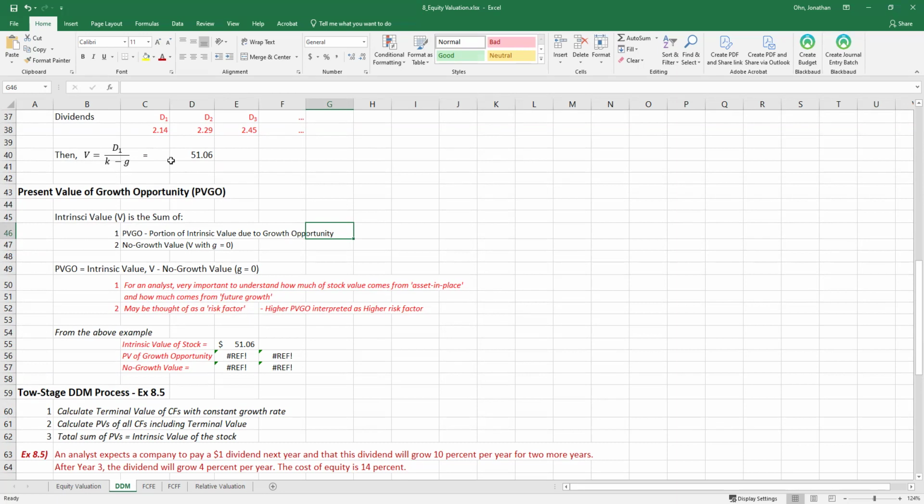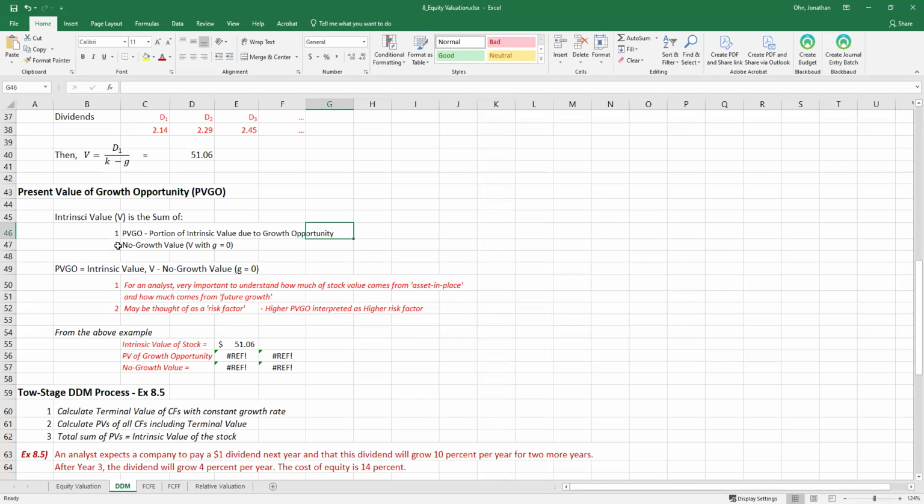Right, thank you. So intrinsic value includes the asset in place, the no growth asset, the established asset value, plus the intrinsic value coming from future growth opportunity.